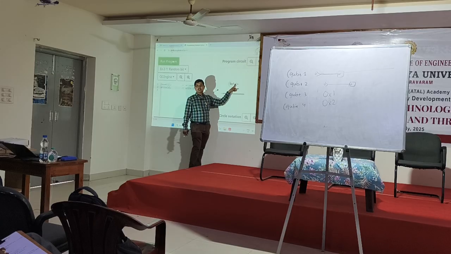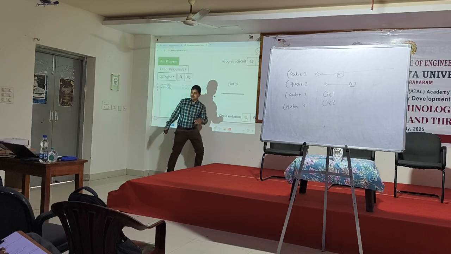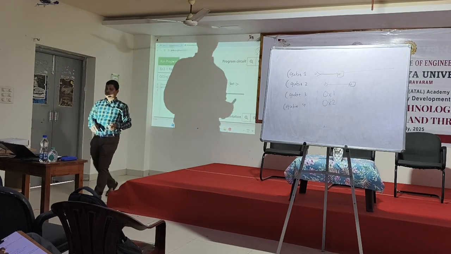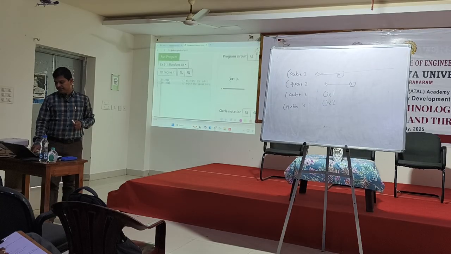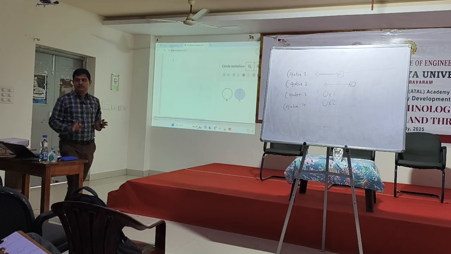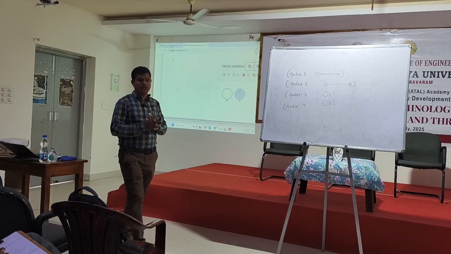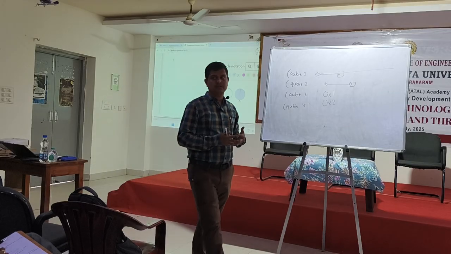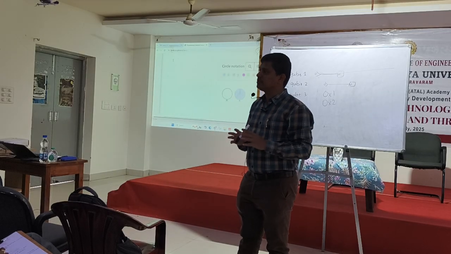By looking at the notation, you will know whether you are operating with the 0 bracket notation or the first bracket notation. Similarly, you come down, see the circle, you will find that 1 is filled, 0 is blank. So now you understand that I can write a 0 bit, I can write a 1 bit based upon the requirement.